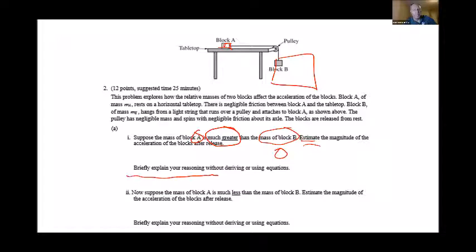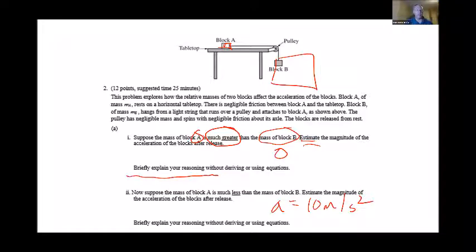If B is really, really big and A is tiny, what would be a good answer? 9 to 10. Yeah, so it's going to be right around g, right? Since we always use 10 in AP Physics 1, I'm just going to say it's going to be somewhere around 10.